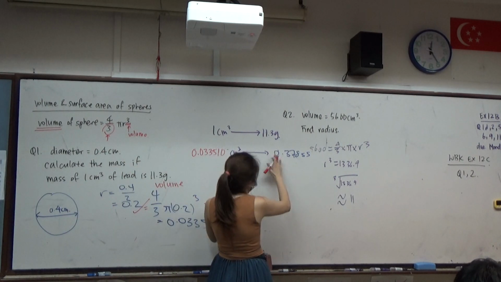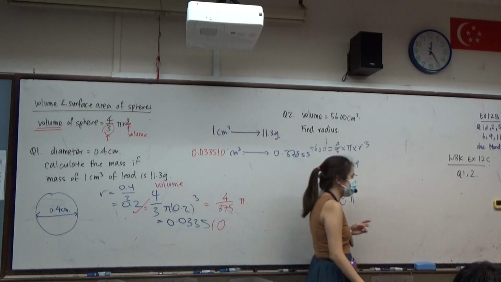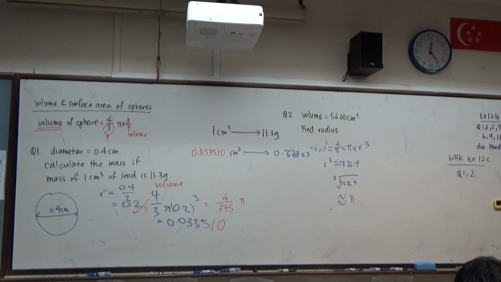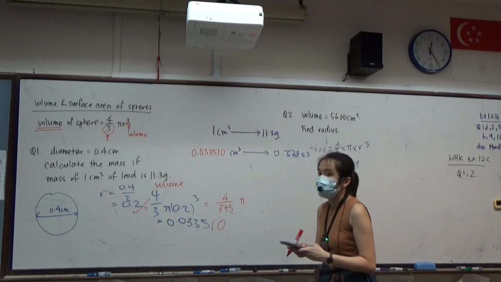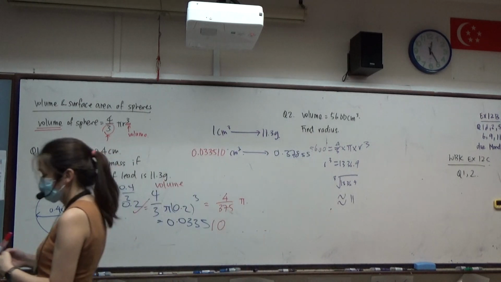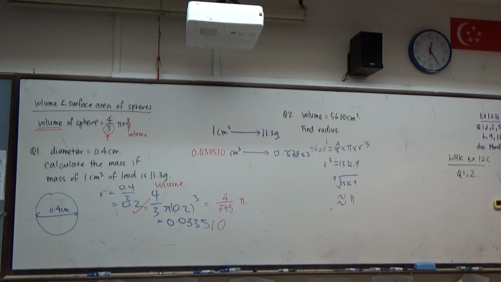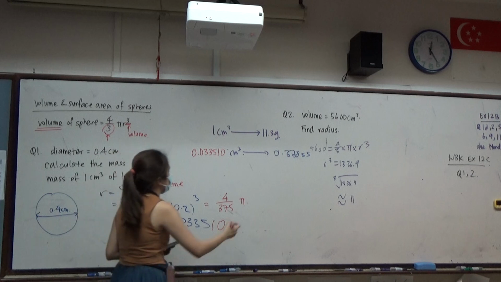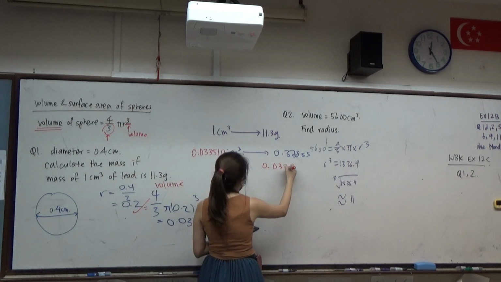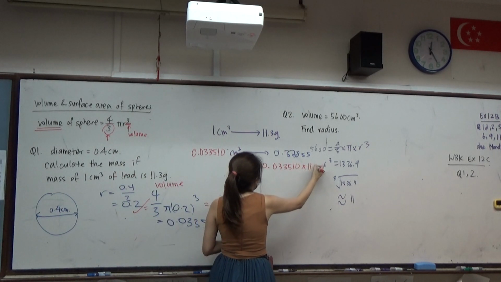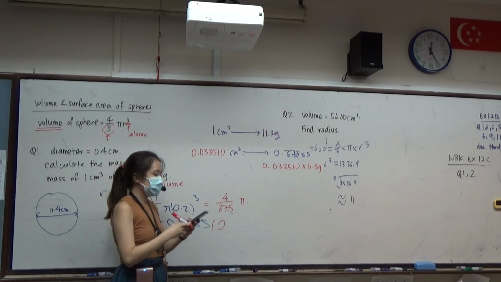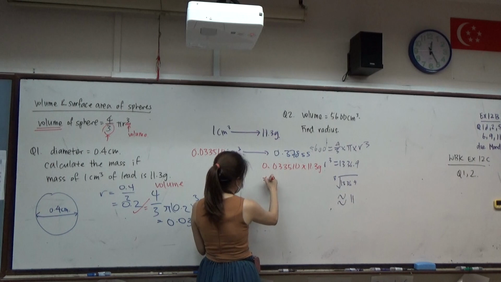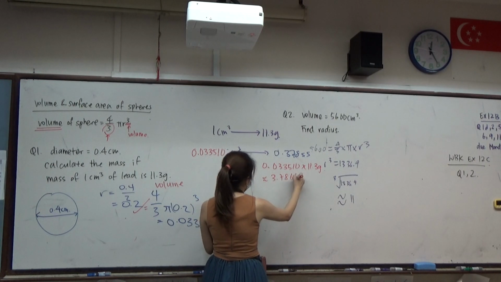Victor can explain to us how you get the answer. I take the volume times the mass. Yes, so we take the volume, 0.033510, times the mass, such that we will get 3.78663.